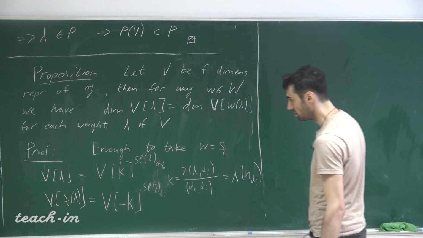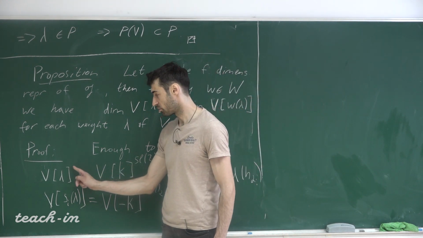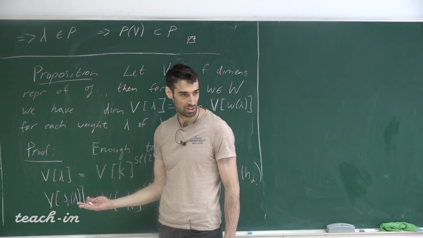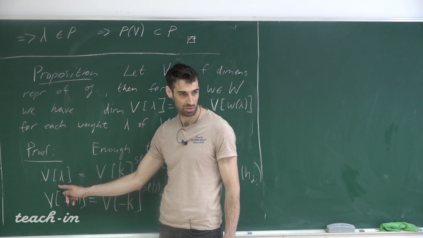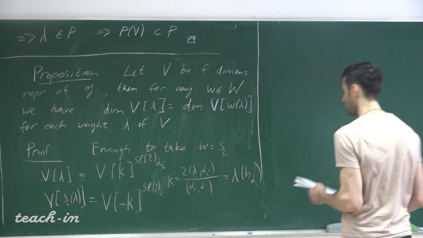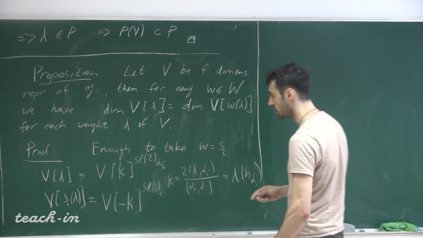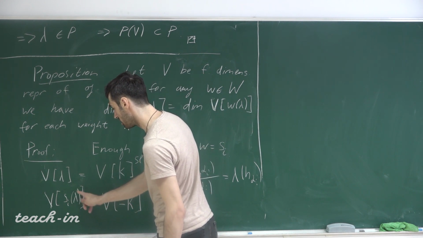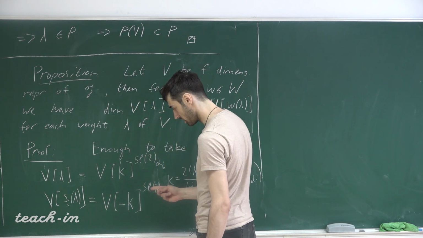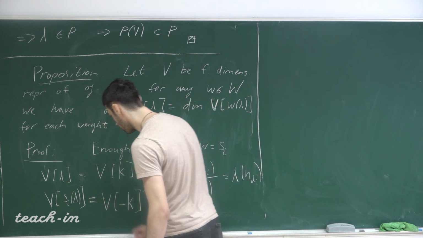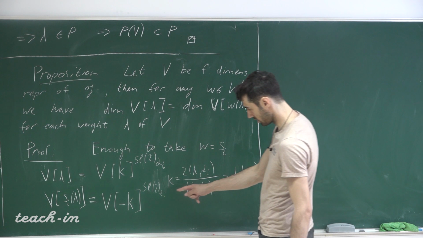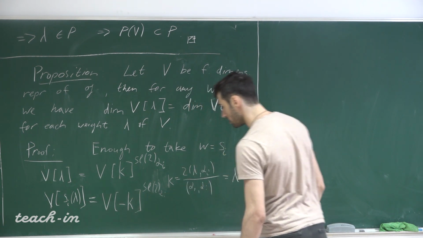Right. So here I might also write G, right? So I have two algebras, G and SL2. And this is weight corresponding to G, this weight corresponding to SL2 alpha I. Okay, so let us check that vectors from this space are exactly vectors of SL2 alpha I weight corresponding to this.